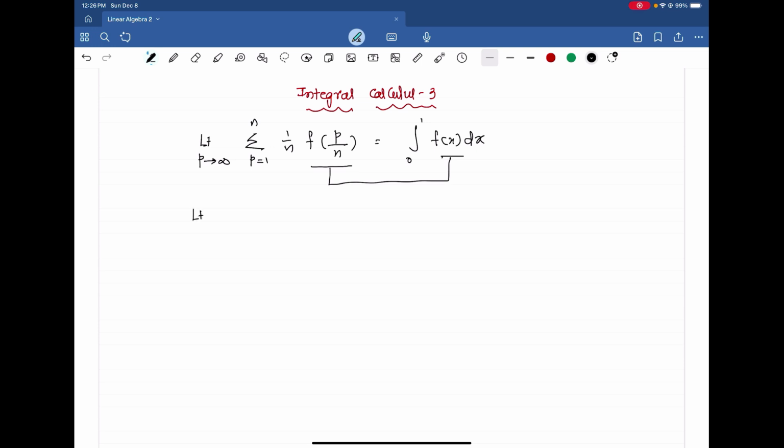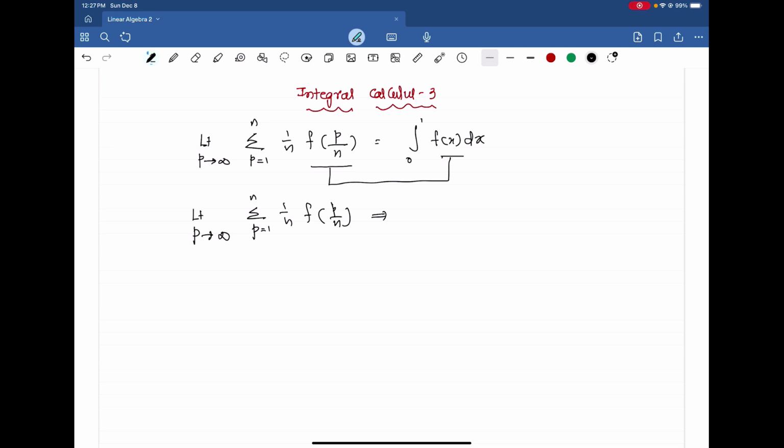limit p tends to infinity, sigma p is equal to 1 to n, 1 by n, function of p by n means a given function, let us say function x, it can be converted into a form of function of p by n, where p is the pth element.